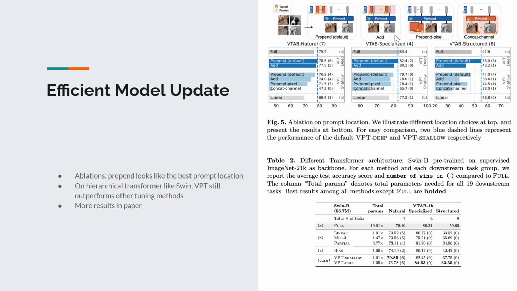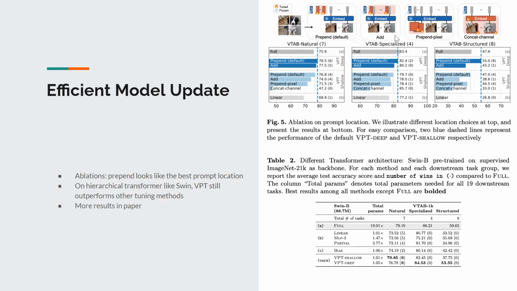Any other questions? So this slide is for a lot of these questions: we found that prepending the prompt is the best, and so I thought this could be interesting as well. And then we did run it on Swin, which is a hierarchical transformer. If you know what Swin is, they actually have different scales and stuff like that.